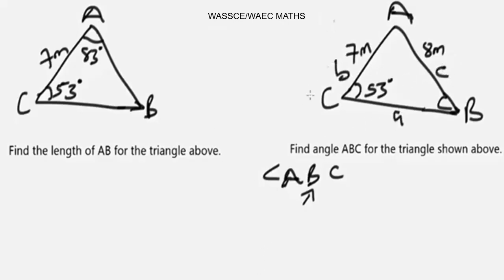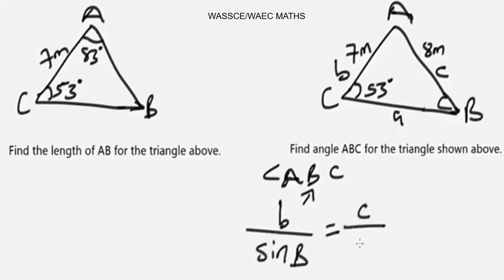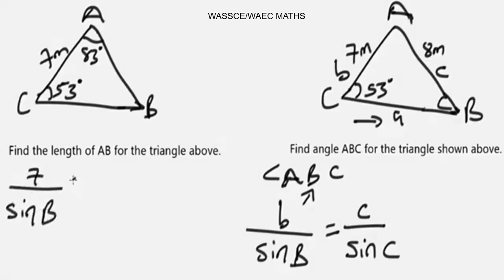For this question, we are still going to apply b over sine B equals c over sine C. I'm not making use of A because there's no value here. When you plug in the values, b is 7 over sine B, which is unknown, that's what we are looking for, equals c which is 8 over sine C, that's the angle C that is 53, so sine 53 degrees.